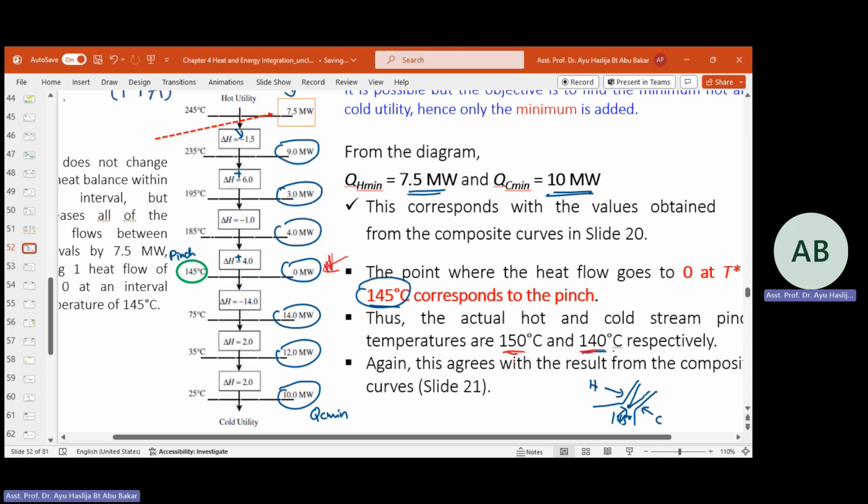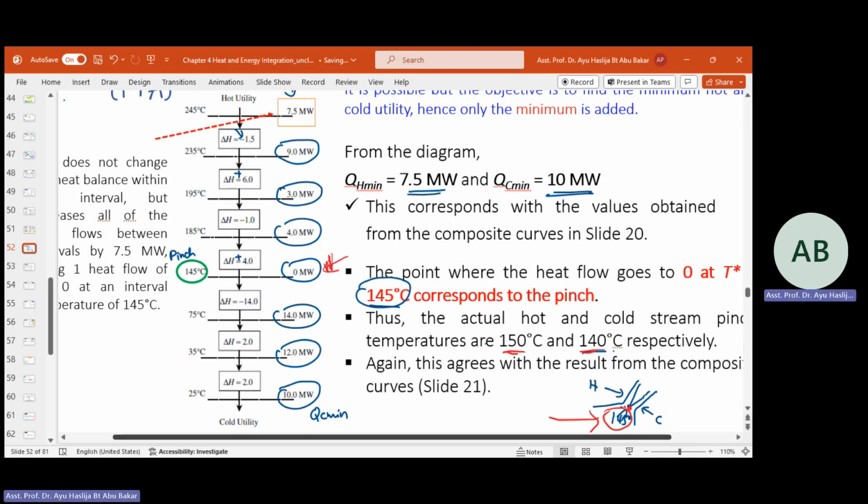Correct. We shifted earlier by 5 degrees C. So to get the actual hot and cold pinch temperature, you need to shift it back. As I mentioned earlier in the final class, this is the pinch point where 145, when the H is 0 megawatt, at this point.